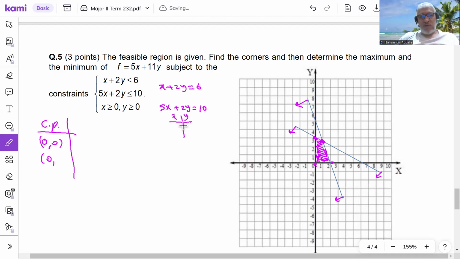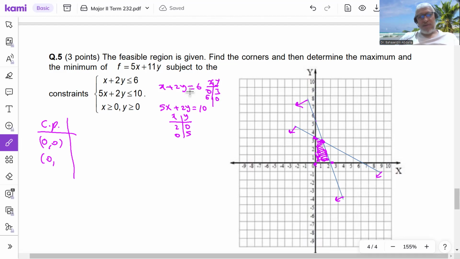If y is 0, x is 2. And if x is 0, y is 5. What about this one? If x is 0, y is 3. And if y is 0, x is 6.